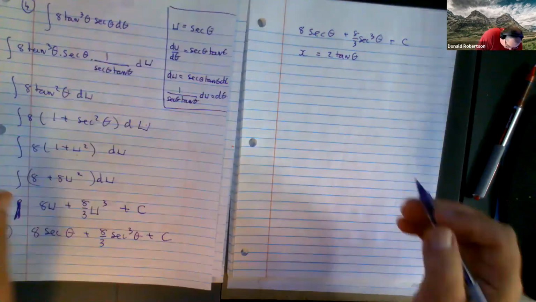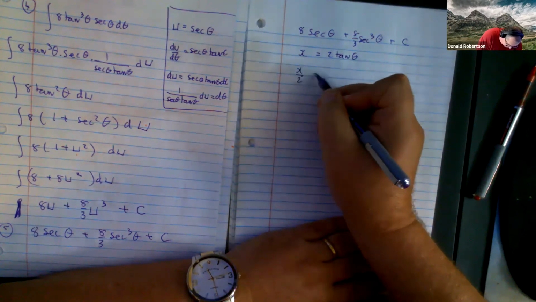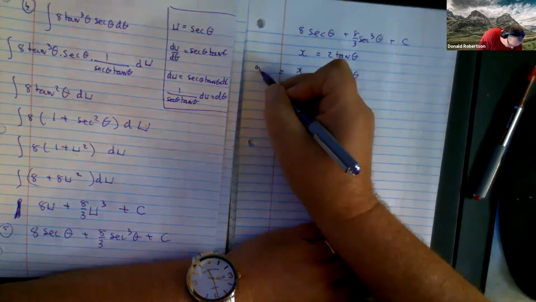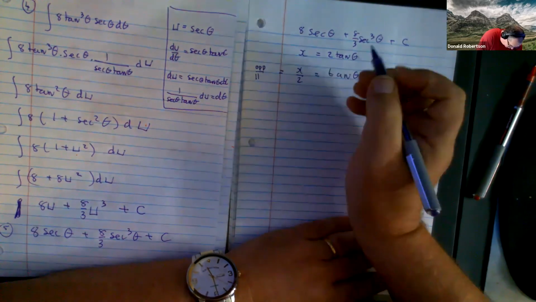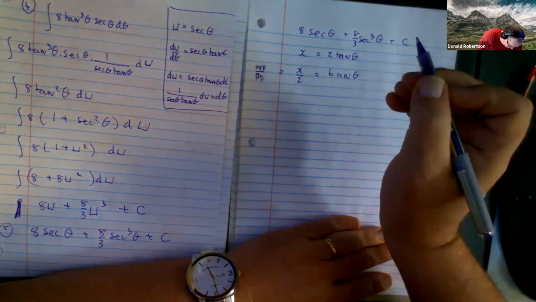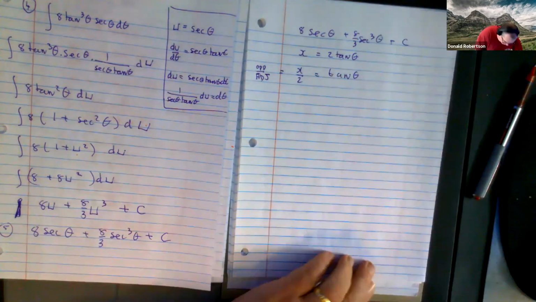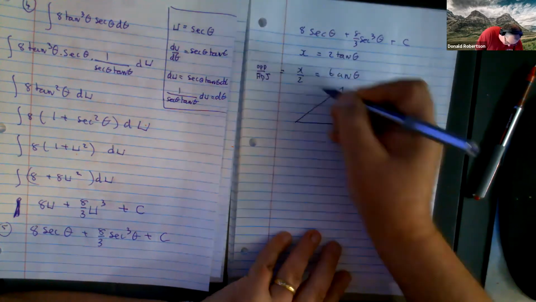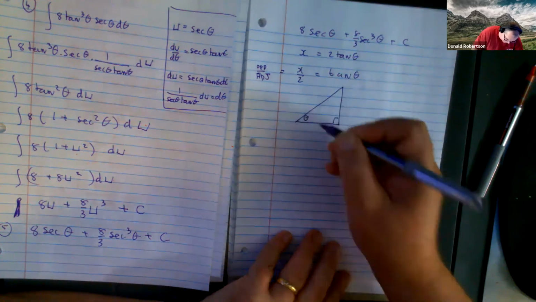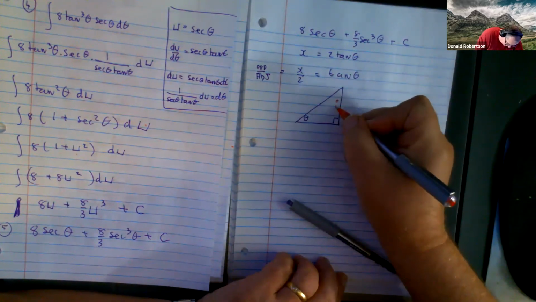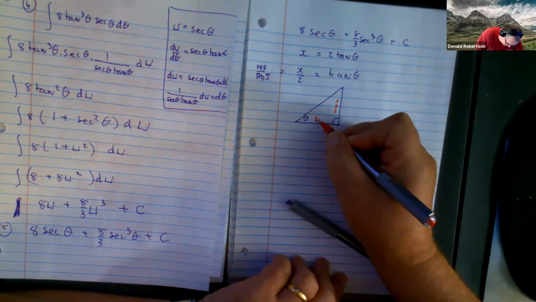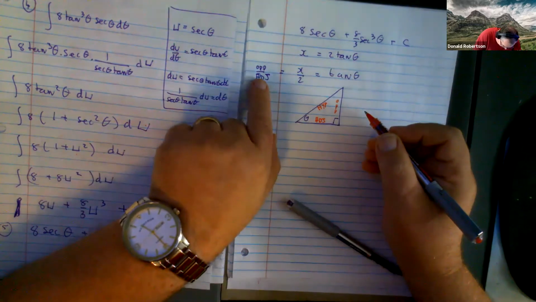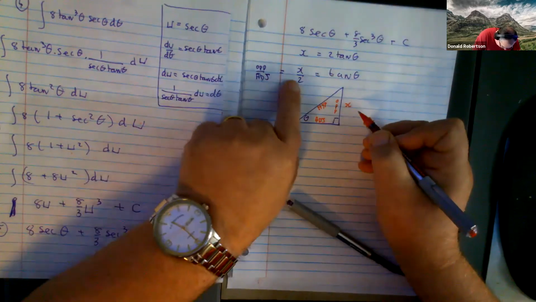In this case, you divide by 2 and you use SOHCAHTOA, opposite over the adjacent. So I build my triangle based on the information that I get from here. I have an opposite, an adjacent, and a hypotenuse. The opposite is x, and the adjacent is 2.